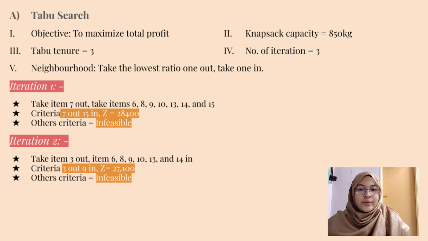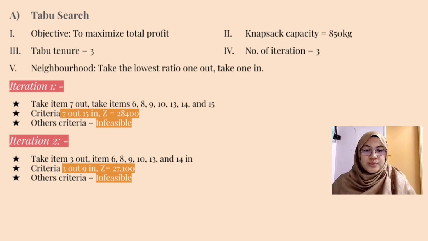For iteration 1, we take item 7 out as it has the lowest ratio out of 15 items. We take items 6, 8, 9, 10, 13, 14 and 15 in. For criteria 7 out and 15 in, we get a total profit of 28,400 and the rest is infeasible as it exceeds the knapsack capacity.